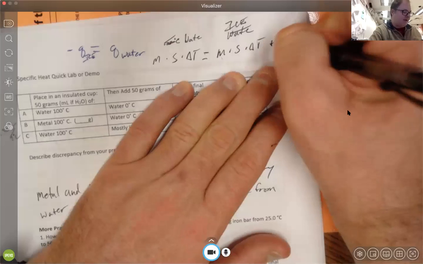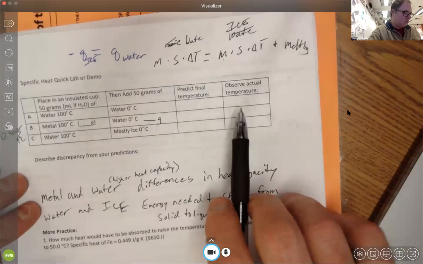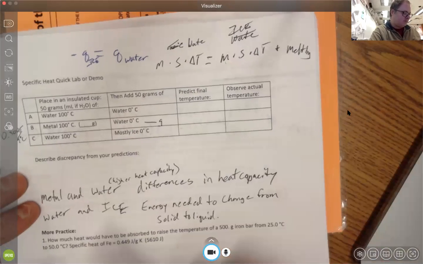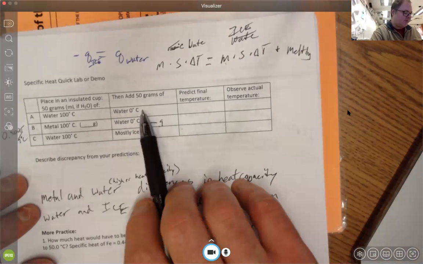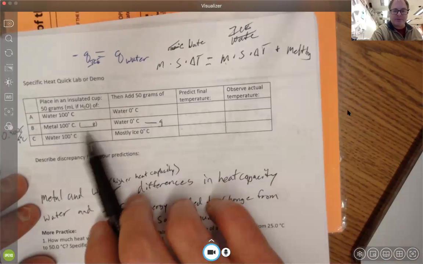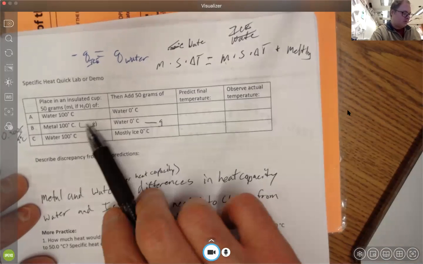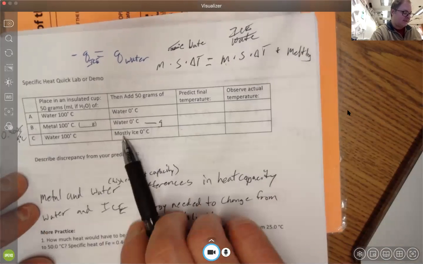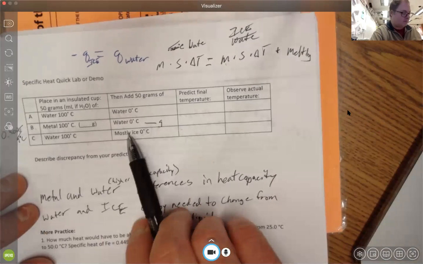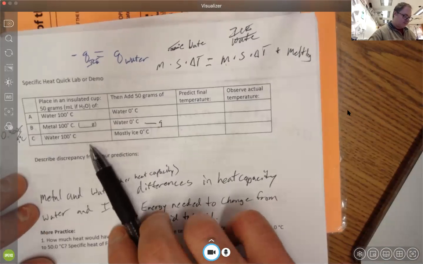And so this is why each of these are going to have an actual different temperature. This one should be right at the halfway point. This one should be some type of ratio of the specific heat capacity of water versus the metal being 0.9. And this one, we have to take into account the effect of the ice melting by absorbing energy from the water that's added.